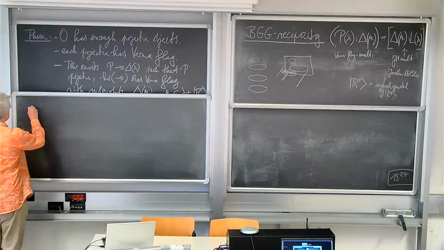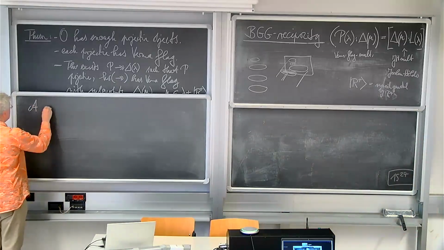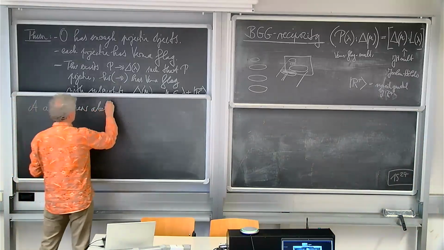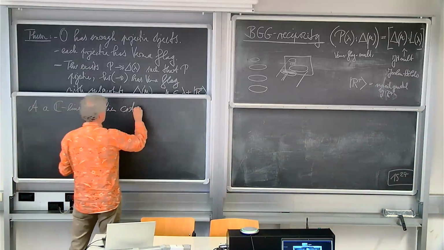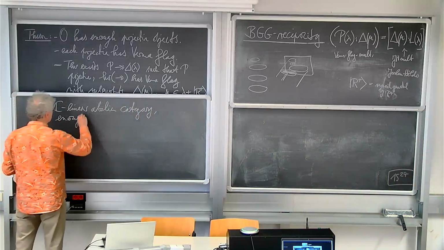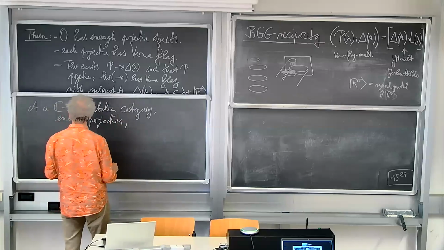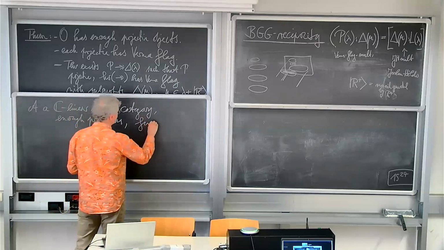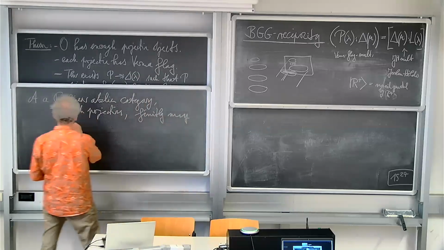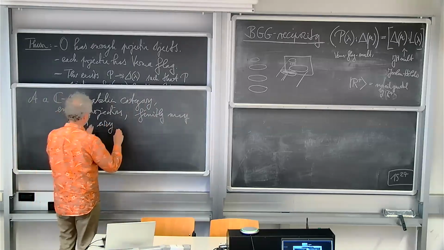Suppose A is a C-linear abelian category with enough projectives, finitely many simples, and every object has finite length.